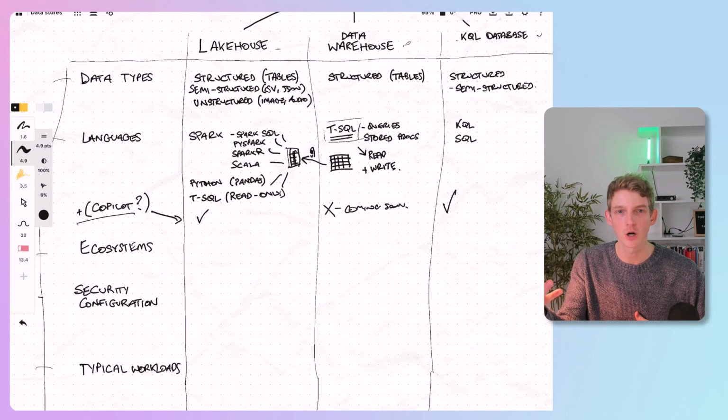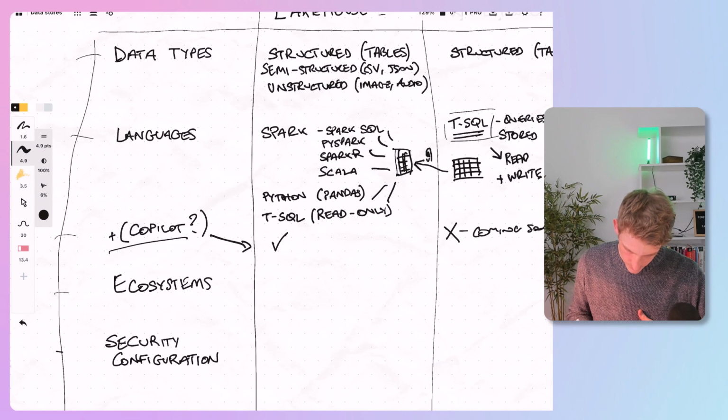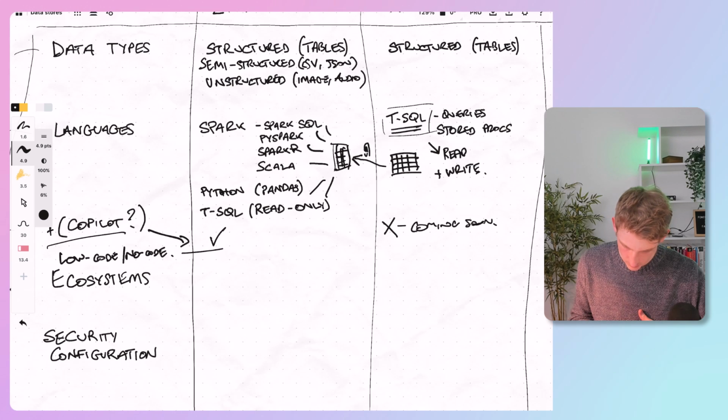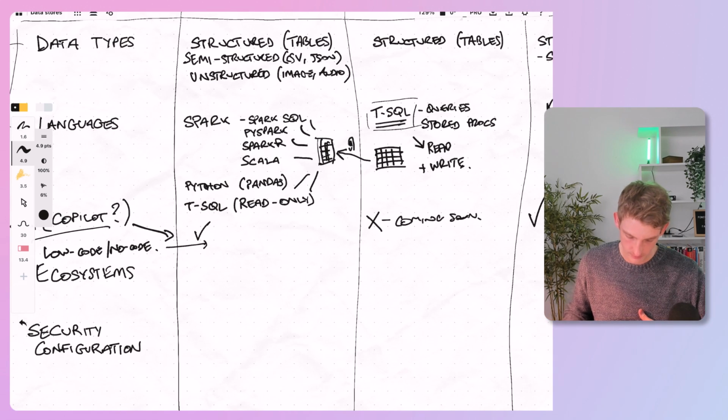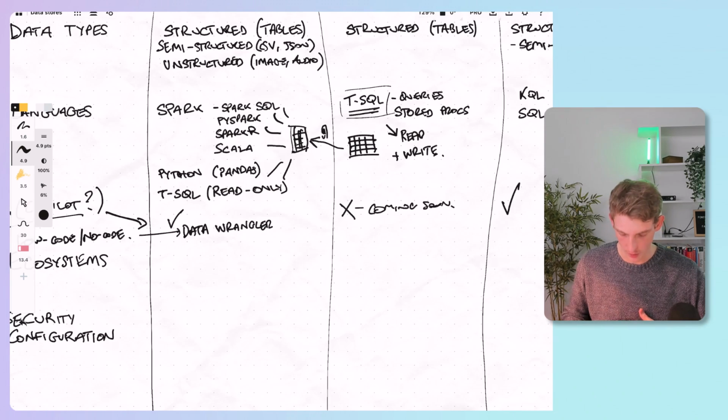And whilst we're on the topic of no code and low code, there's a few different options there as well for each of these. So with the Lakehouse, I'm just going to add in a new topic here, like low code, no code. Bit messy, but is what it is. So in the Lakehouse, obviously we have Copilot. We also have Data Wrangler, which is a feature that kind of helps you build Python queries, Pandas as well, if you're not too familiar with those languages.